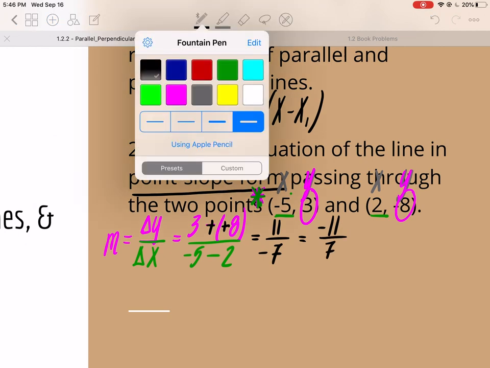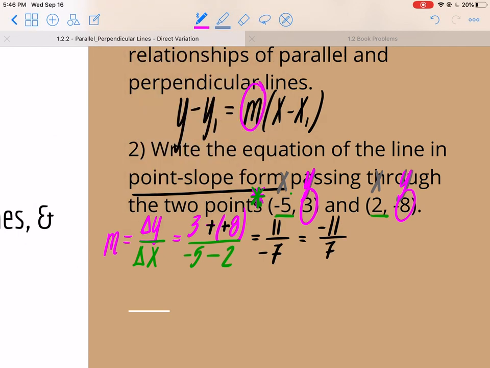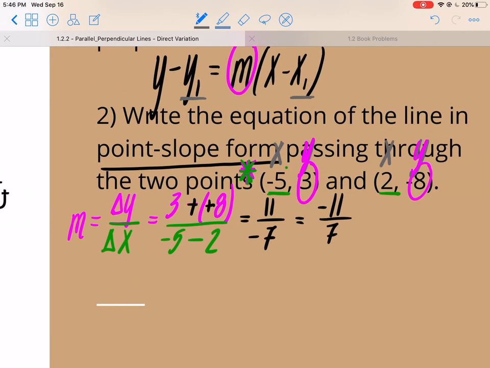Okay, so then I'm going to plug this in for the slope, and I am also then going to plug in an additional point. Now, you could choose either point to write this equation with, so I'm going to show you both equations that you could potentially get here.